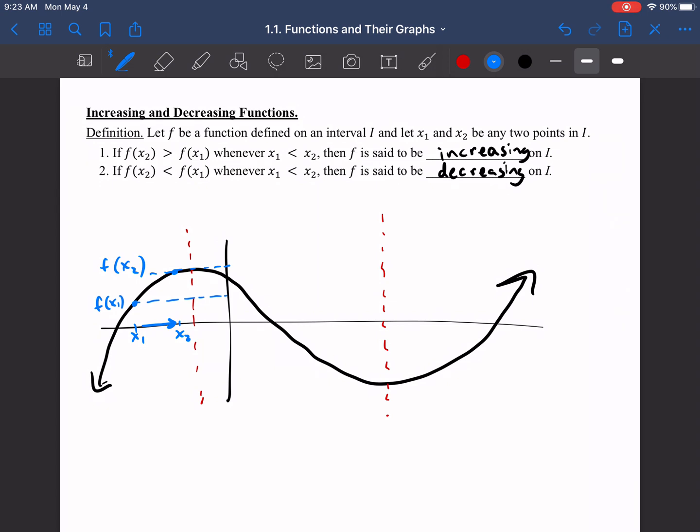So you can go about doing it that way if you want. The way I think of it is I look at this and I say, hey, I'm walking left to right. I'd be walking uphill. So on this interval, this is increasing.